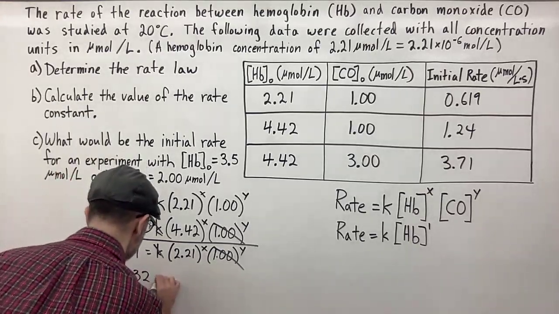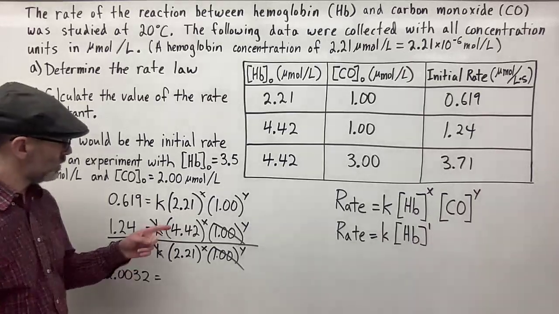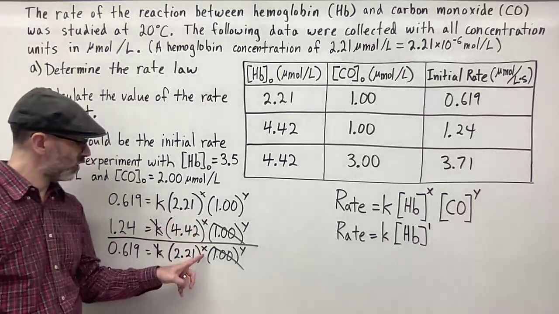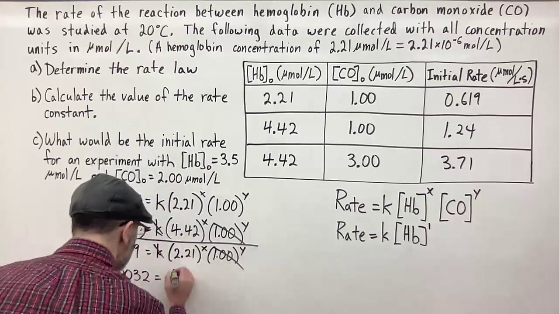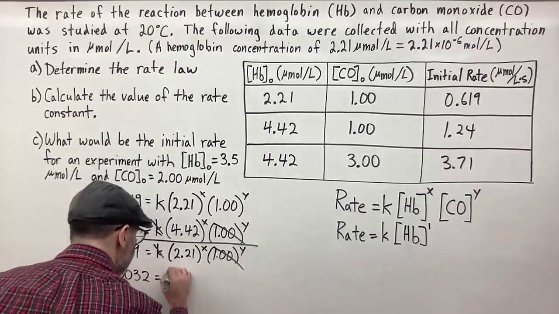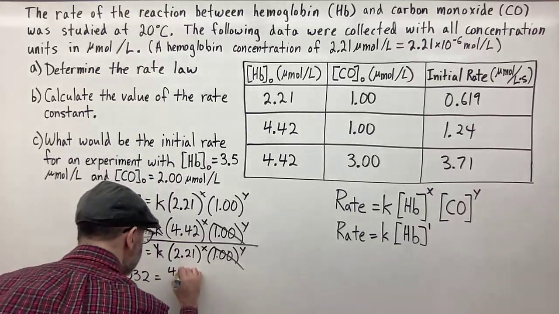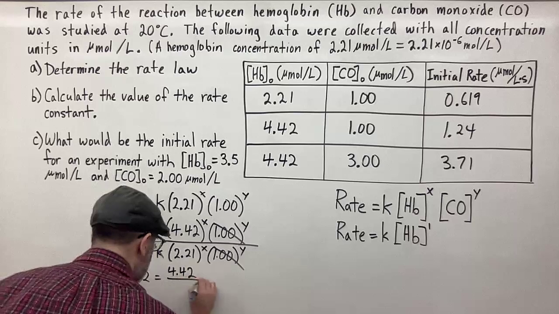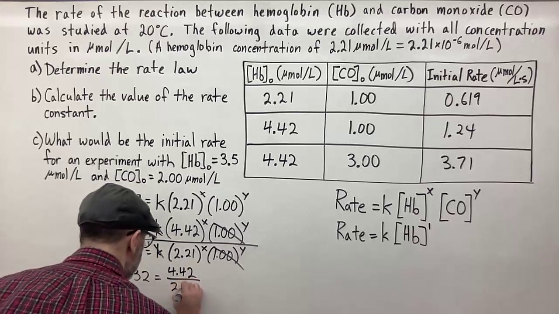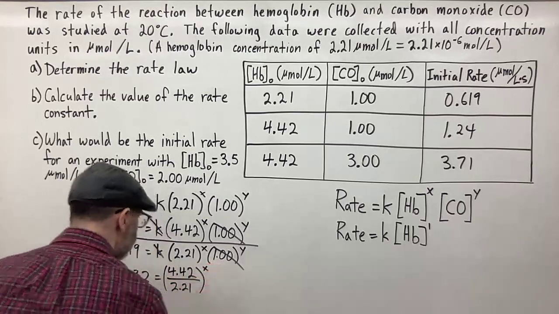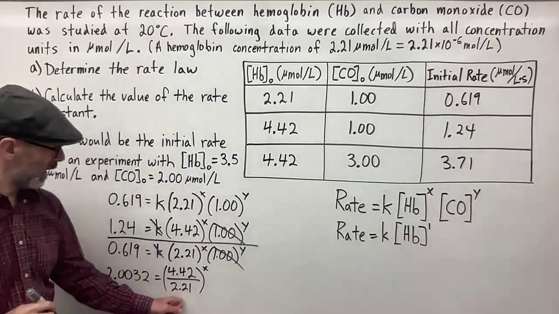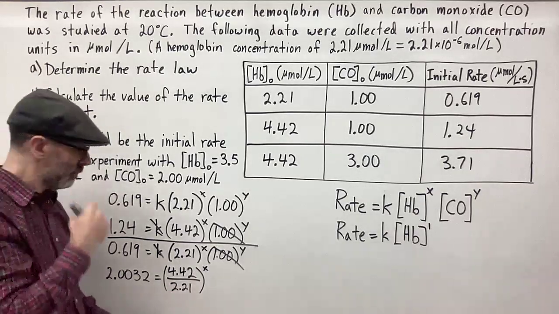And then that's equal to, since both of these are raised to the x power, then we can divide these two. So if we rewrite this, it would be 4.42 over 2.21 raised to the x power as well, right?